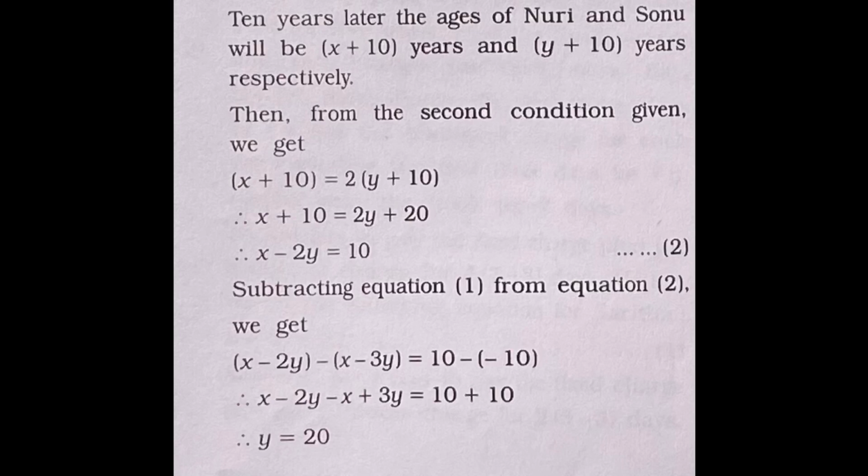Now again we will use the elimination method to solve these equations, and for this subtract equation 1 from equation 2. We will get x minus 2y minus x minus 3y is equal to 10 minus minus 10. That is x minus 2y minus x plus 3y is equal to 10 plus 10, which means that y is equal to 20.